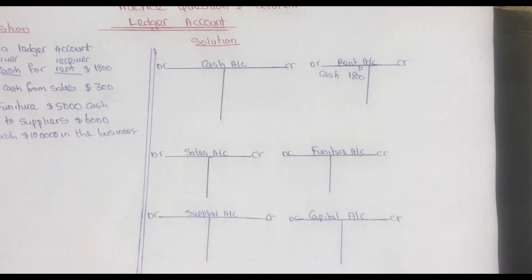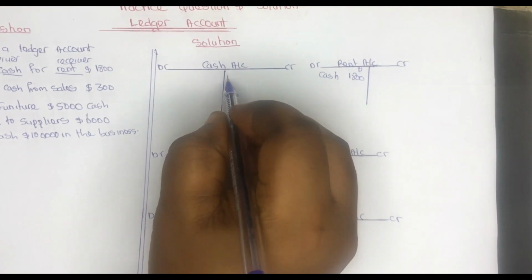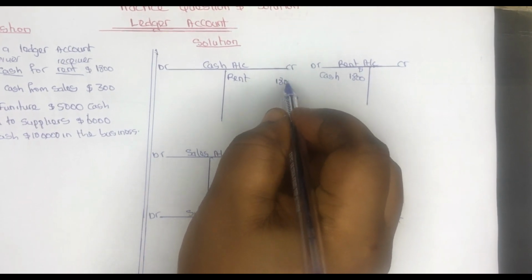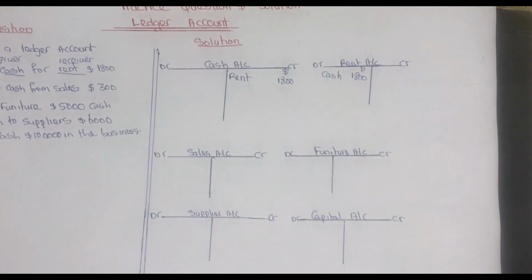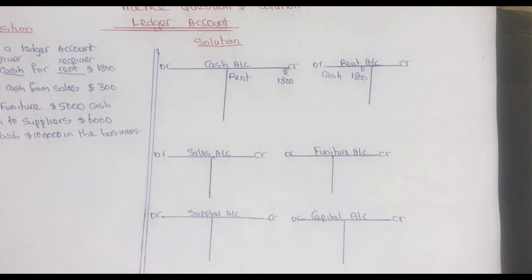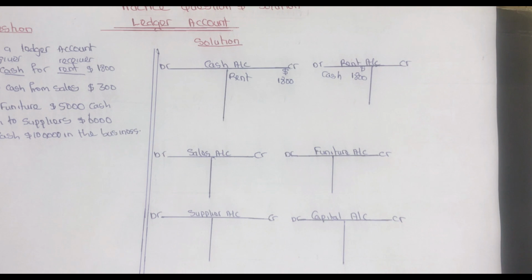So in the cash account, cash is given. So debit the receiver and credit the giver. So what is cash giving? Cash is given to rent. So we come here to the cash account. We write rent. How much? 1,800, all in dollars. So this is the debit and this is the credit. This is the giver and this is the receiver. So we are done for the first transaction.